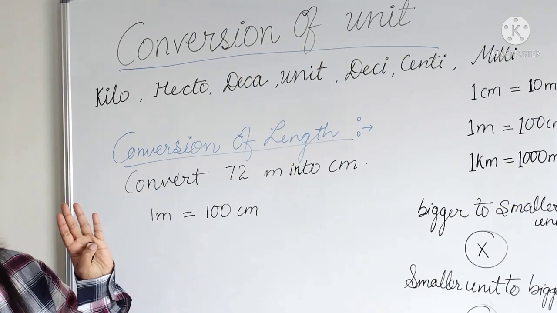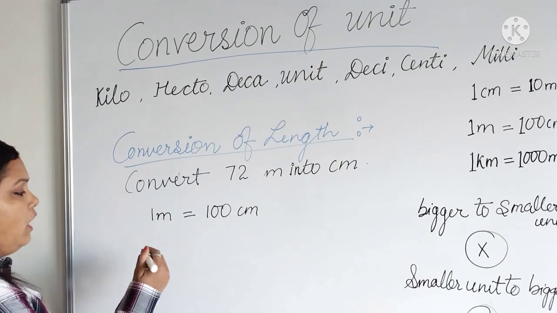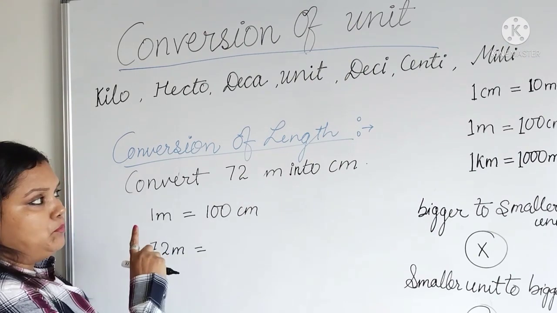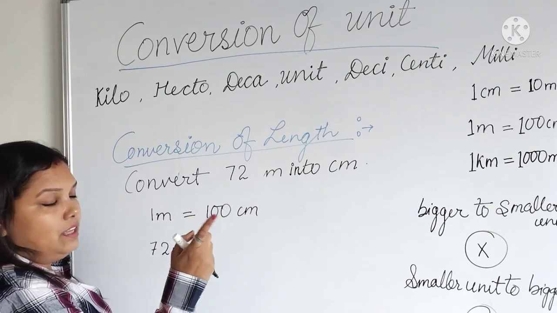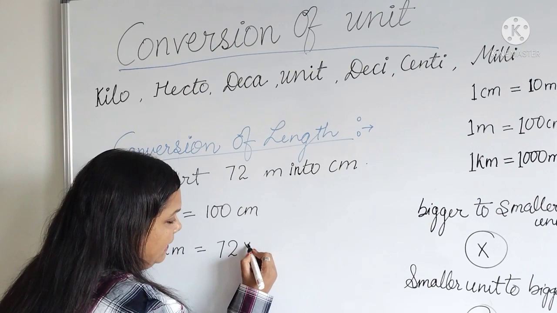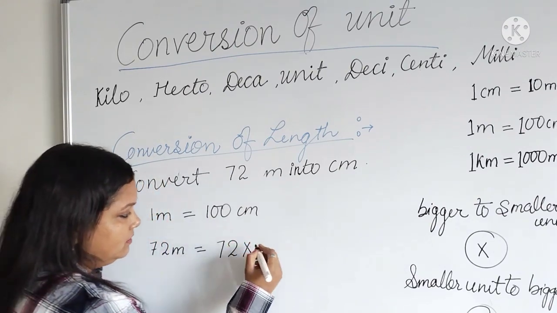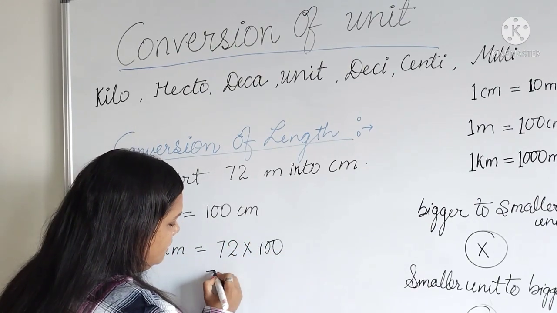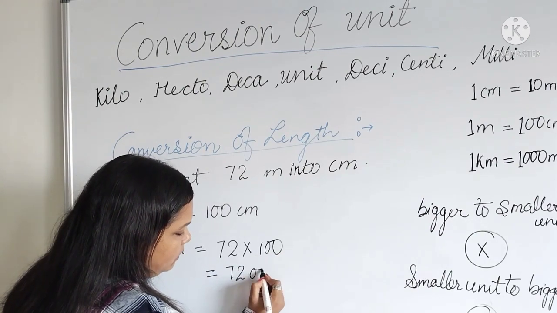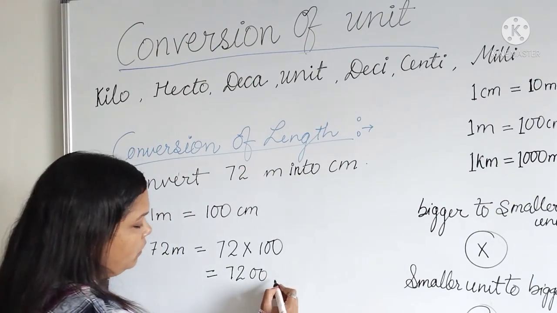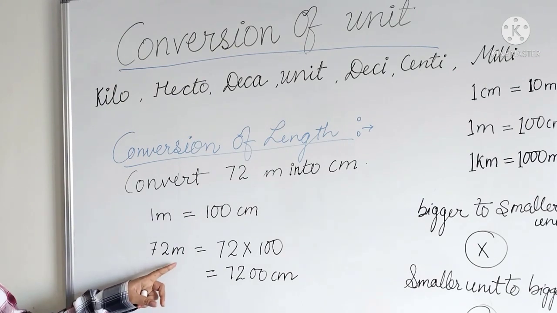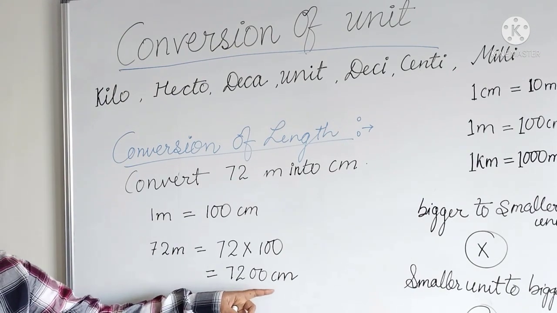Now, for 72 meter, moving from bigger unit to smaller unit, we need to multiply. So 72 multiplied by 100. Simply multiply it: 72 and then 2 zeros at the end. So 72 meter equals 7200 centimeter.